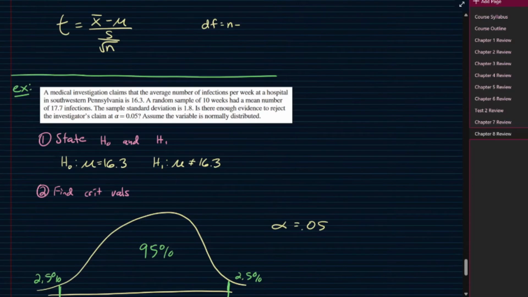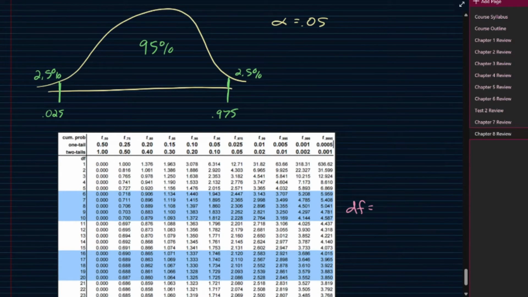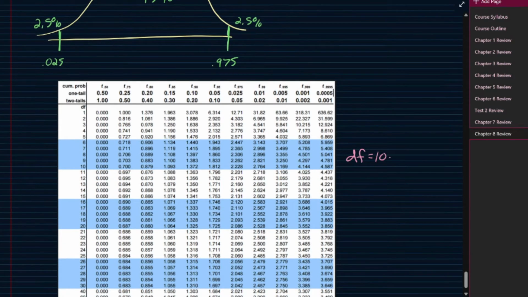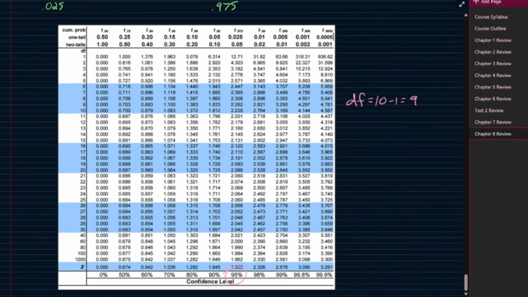Wait, was it 8? No, 10, sorry. Our n is 10 here. So it's 10 minus 1, aka 9. Okay, so we're looking for 9. That's our degrees of freedom. Lining that up, we get 2.262.